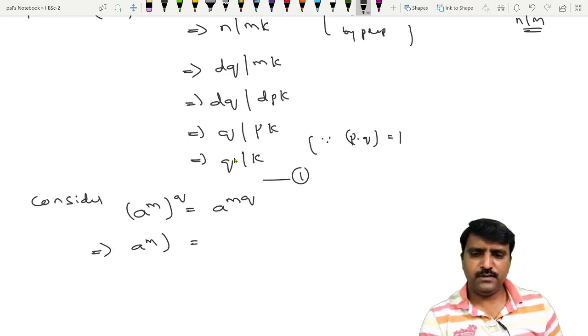What is m? M can be written as dp, so this is a to the power of dpq.